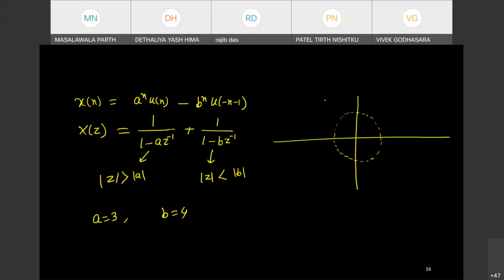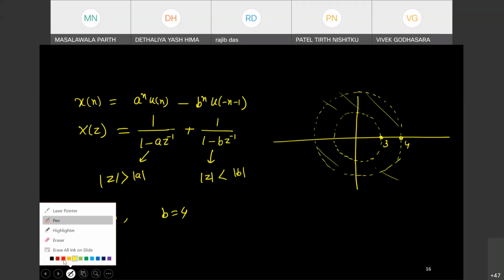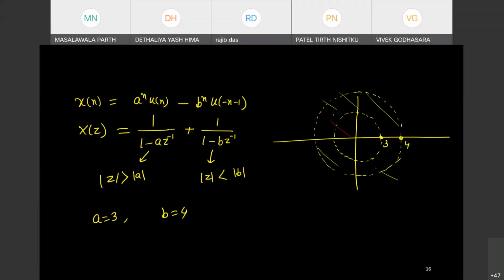So this is converging this side, outside this 3. So this is your 3. And 4, suppose this is the 4. This is your 4 point, okay? And you see, this one will converge if it is less than this one, within this circle. So which one is the common?